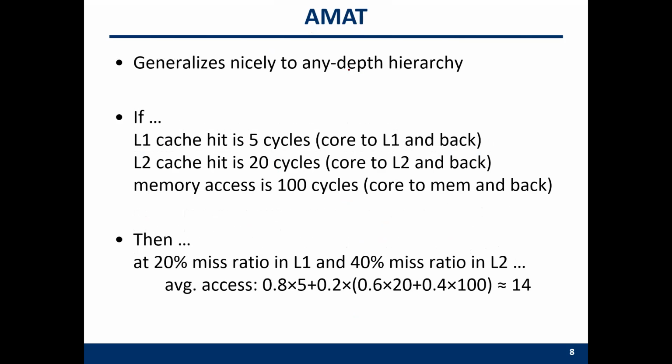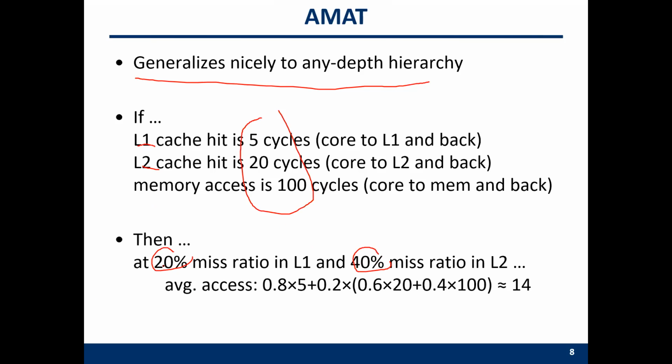Now consider if we have multiple levels of cache: an L1 cache and an L2 cache. This is their access latency, and this is the memory access latency. If the L1 cache has a 20% miss ratio and the L2 cache has a 40% miss ratio, how do we calculate the average memory access time?